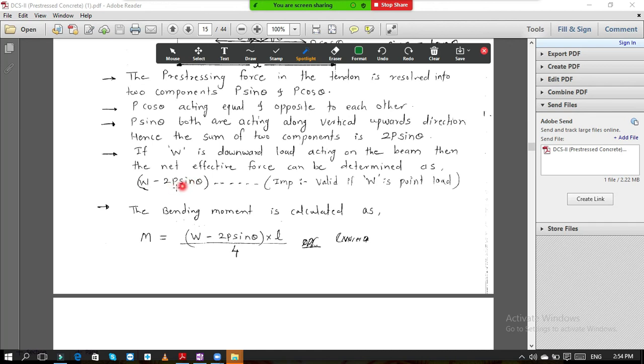So this W must be a point load. Then and only then this formula is valid. For UDL, a different formula is there. So it is W minus 2P sin theta. Okay. So this is for the point load and for bend tendon profile. So today it is sufficient. We will stop over here.